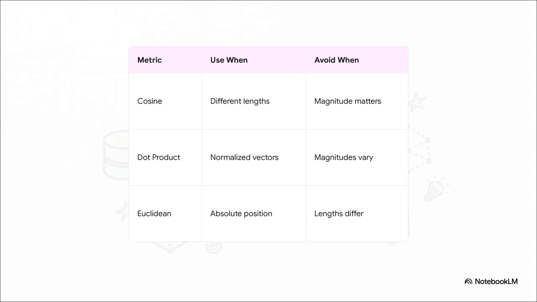Think about it. If a user types a tiny 5-word query and the perfect answer is buried in a massive 500-word document, a standard Euclidean distance would say they're super far apart just because of the massive size difference. But cosine similarity? It recognizes that they are pointing in the exact same semantic direction, effectively linking your tiny query straight to that long answer.